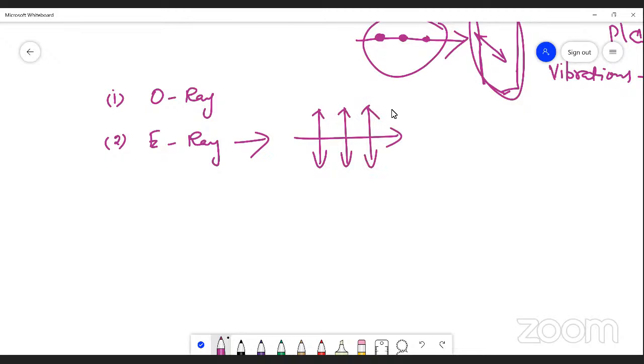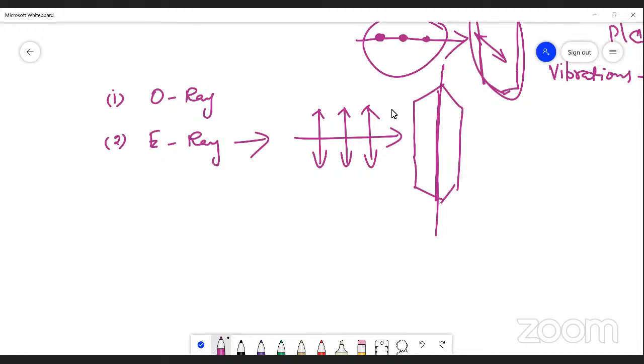The extraordinary ray's electric vector vibration is parallel to the principal section of the crystal.